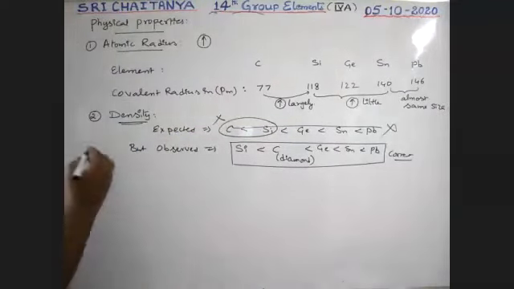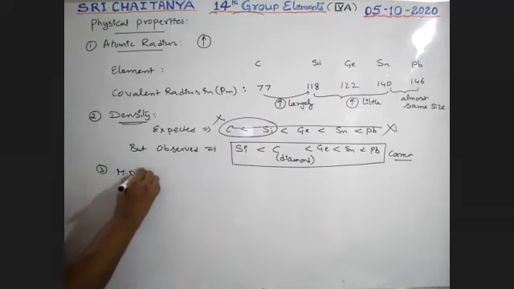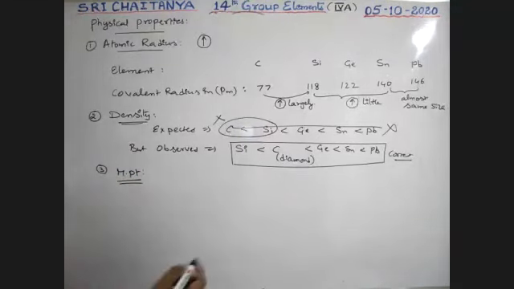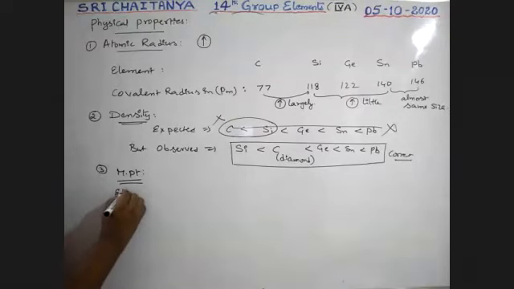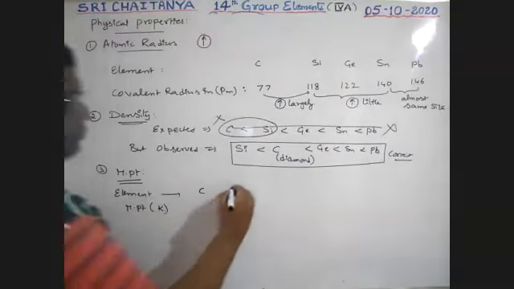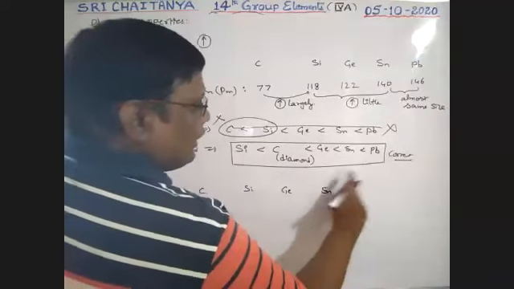Next, the third one, that is melting point. Once again, let us observe the values, melting point in Kelvin scale. Carbon, silicon, germanium, tin, lead.